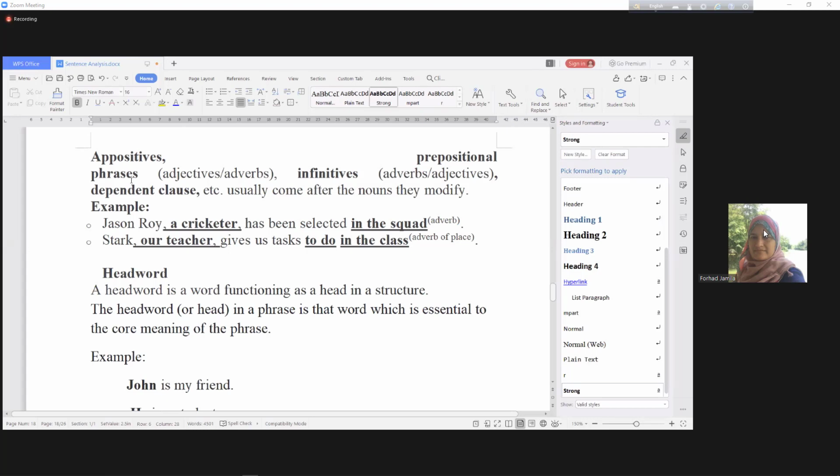Now noun boy. Okay, and tall, that is the adjective, the is the determiner. So you see, in this sentence there are both pre and post modifiers. So in a sentence you can have only pre modifier, or you can have only post modifier, or you can have both pre and post modifiers.